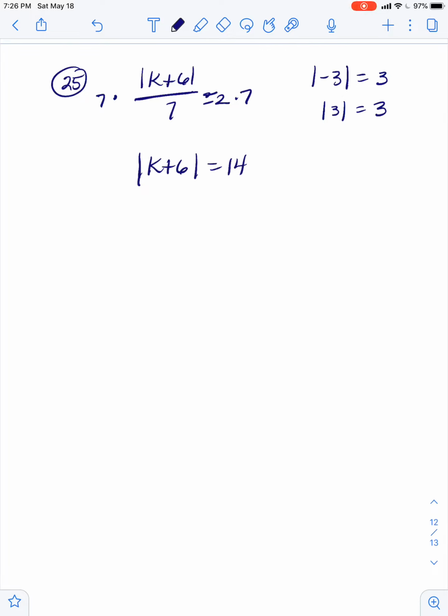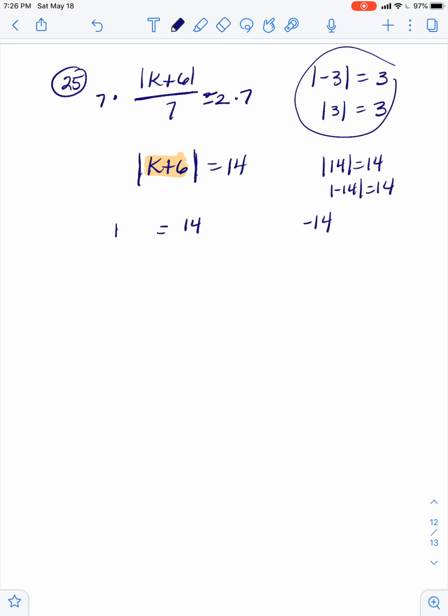Okay, now, because of what I said over here, then I know what's inside here. What's inside there could be 14, or it could also be a negative 14, because both of those, the absolute value of 14 is 14, the absolute value of a negative 14 is 14, okay?